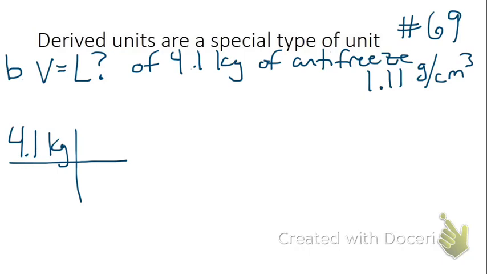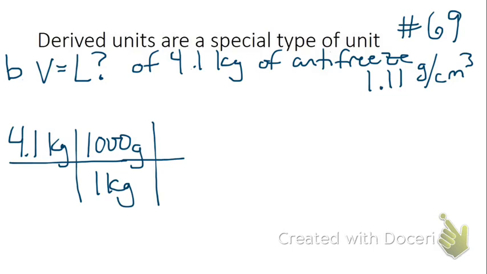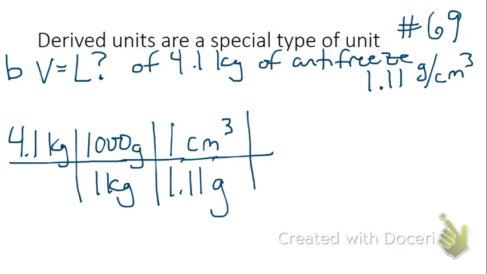But we start with kilograms, so we're going to have to convert kilograms into grams. And so now we put in our density, and I will explain why we have to flip it after we fill it all in.